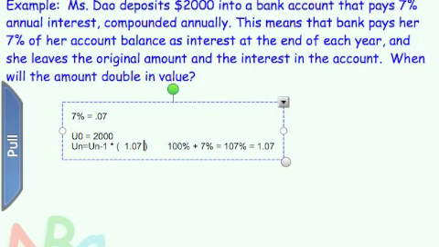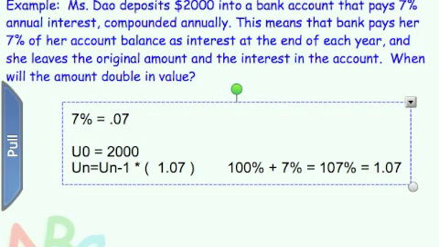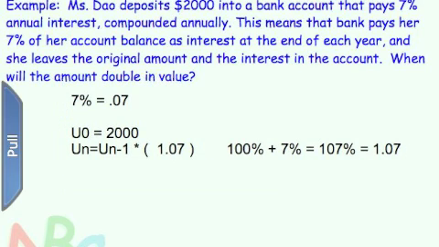Now that I have this recursive routine written down, what I need to do is put this into my calculator. Again, here's what you're going to need. Your u n min, which is the first thing that you see on your calculator.